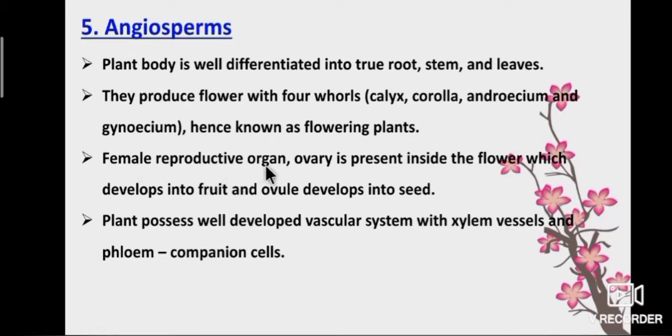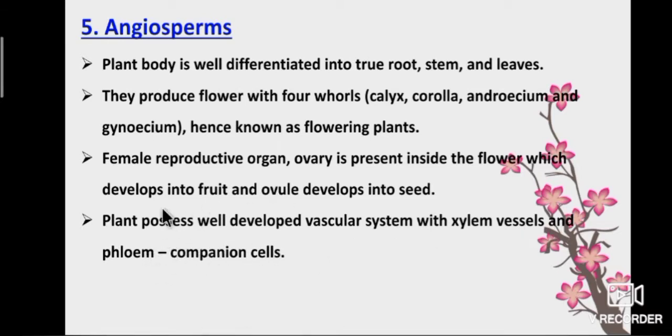Female reproductive organ, ovary, is present inside the flower which develops into fruit and ovule develops into seed. This plant possesses well-developed vascular system with xylem vessels and phloem vessels.